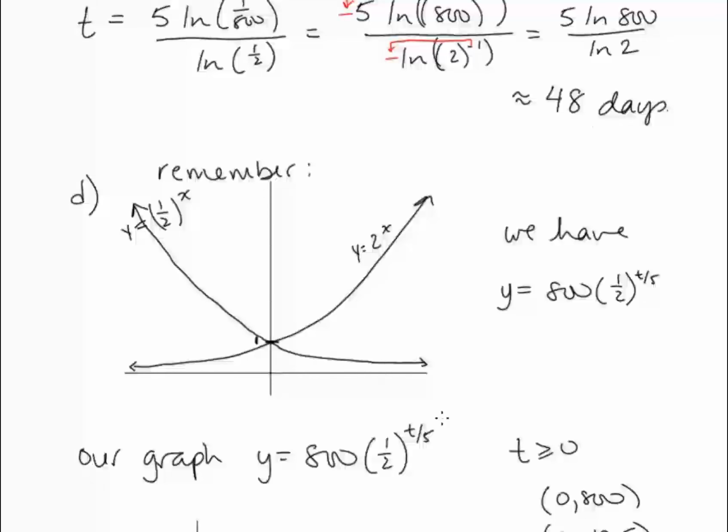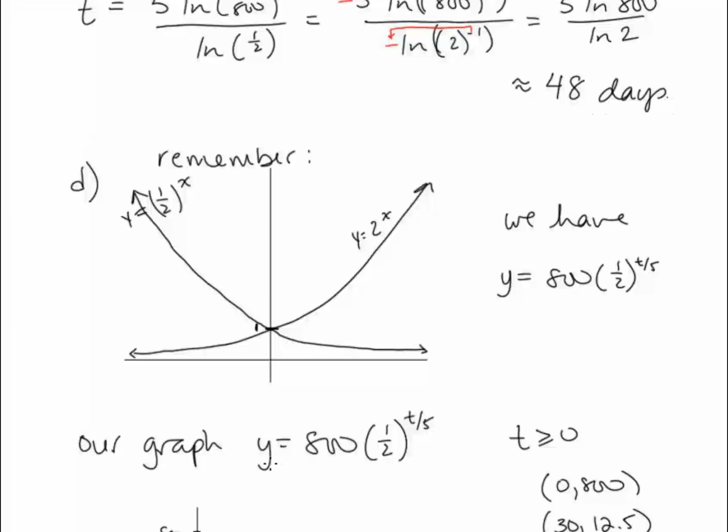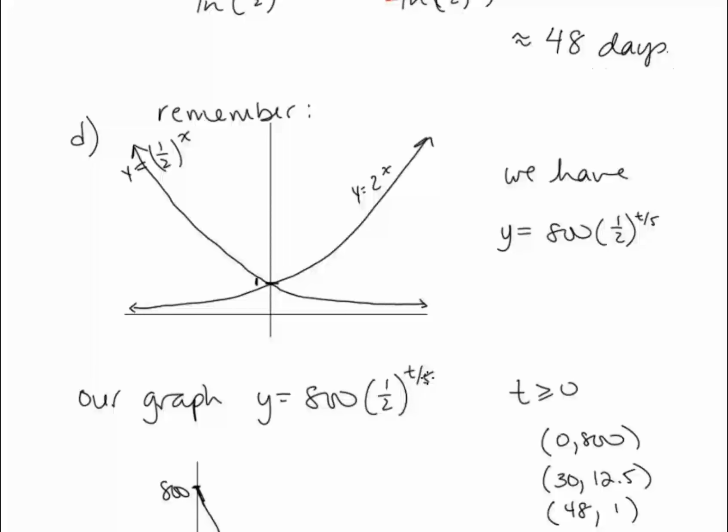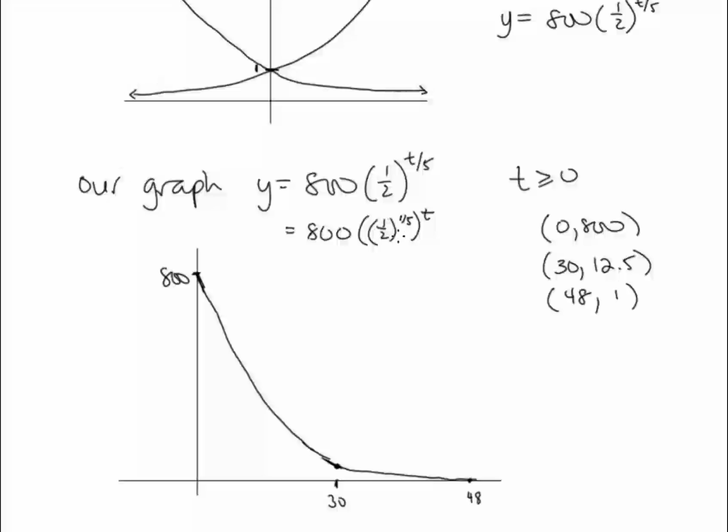And also we can see that based on our function y equals 800 times 1/2 to the t over 5. So essentially, our base of our exponential function is 1/2 to the 1/5 power. In any case, that base is less than 1, and so we do have a decreasing exponential function.